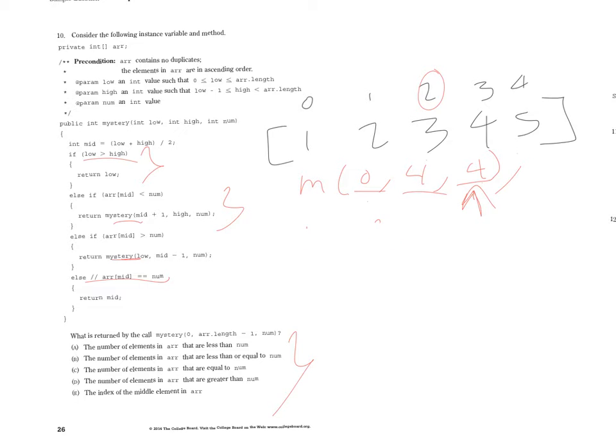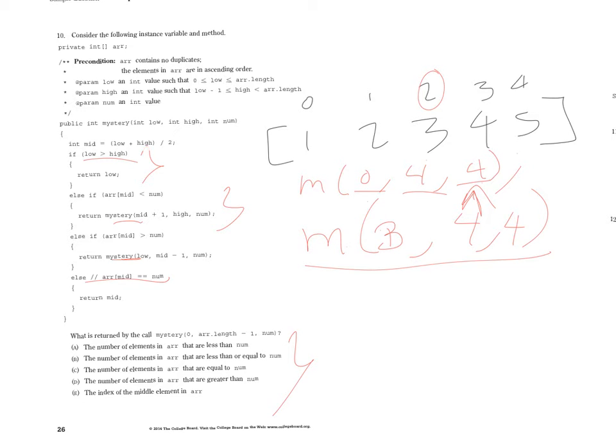Therefore we have a recursive call to mid plus 1, which is 3, and high remains the same, the number remains the same. So now we have a call to the method with 3, 4, 4 for the arguments.